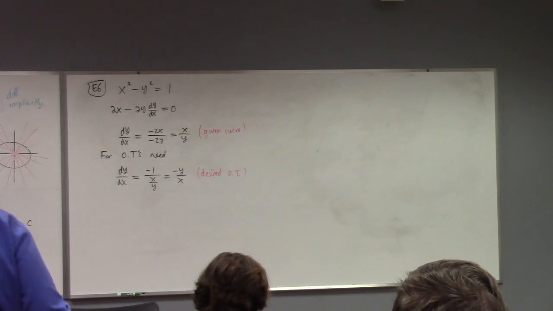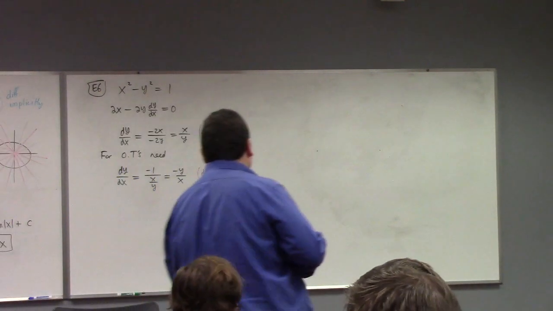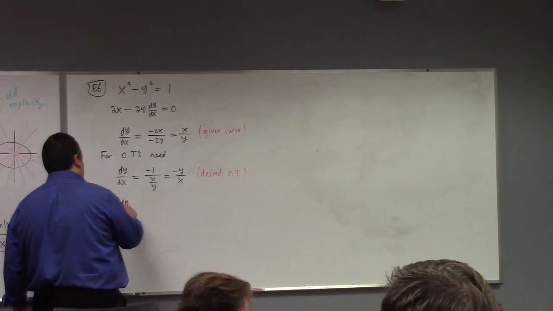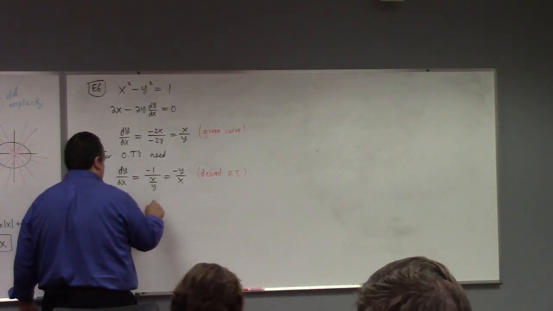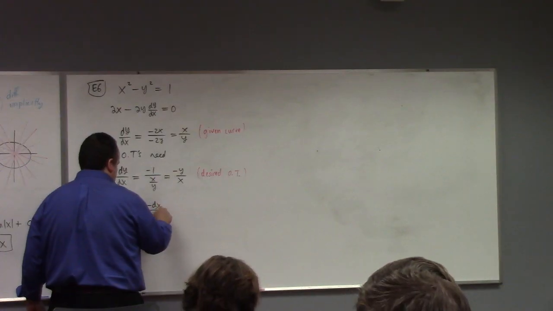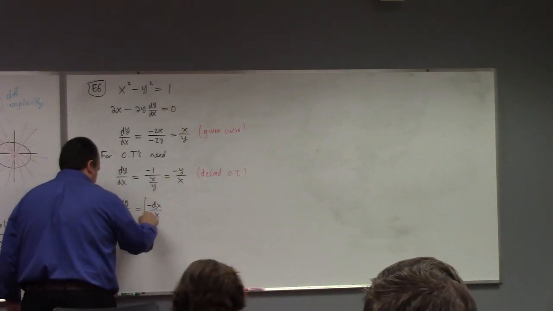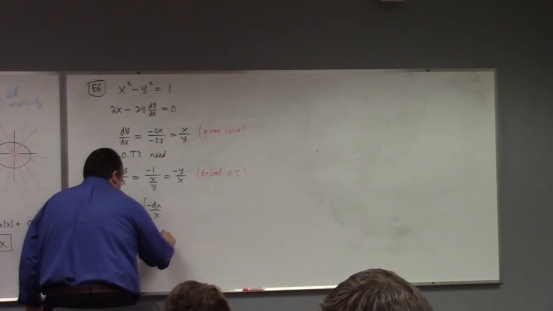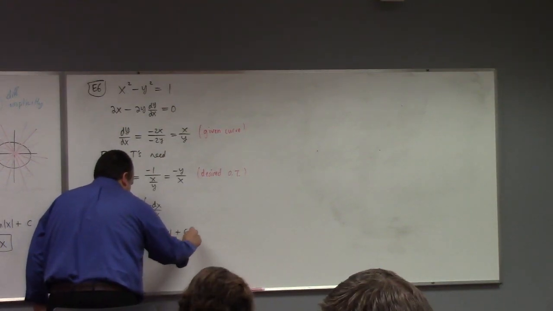But here we go. Guess what? We separate. Notice there's a minus now, but otherwise it's almost the same problem. Integrate. Natural log of the absolute value of y is minus the natural log of the absolute value of x, plus a constant.